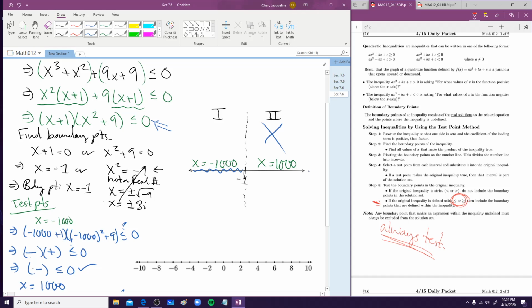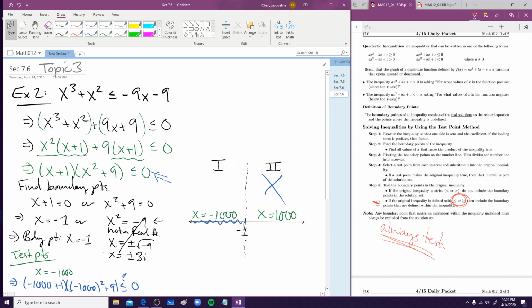Lastly, we have to check our boundary point. Before we do that, we have to look at our inequality. Our inequality has an equal to sign, so we should check the boundary point. Also, all polynomials have a domain of all real numbers, negative infinity to infinity, so that's how I know I can make it a boundary point.